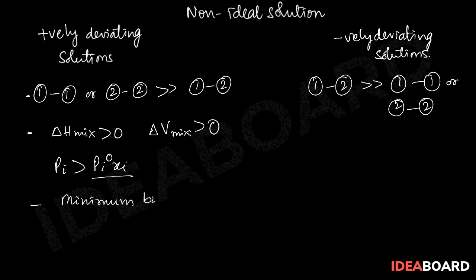Minimum boiling azeotropes. So what is the meaning of minimum boiling azeotropes? Very simple. Minimum boiling azeotropes boil at a certain fixed temperature when they are of a certain suitable concentration, at a boiling point much lower than the boiling point of both of the components.